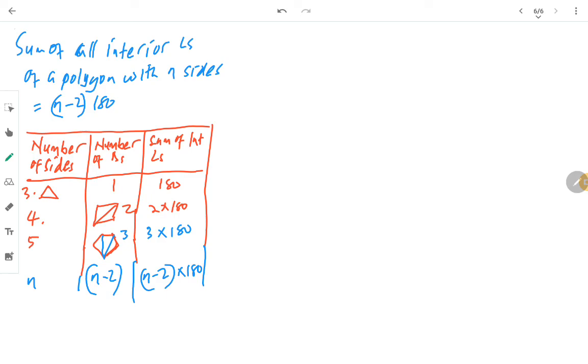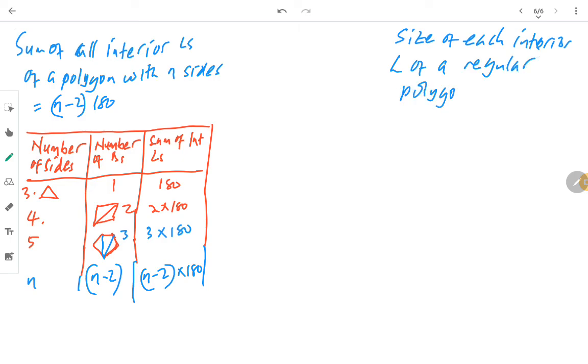Then the size now of each interior angle of a regular polygon will be equal to n minus 2 times 180 over the number of sides.